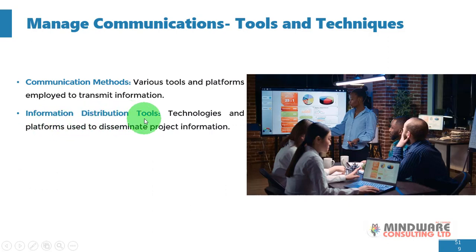Information distribution tools. These are technologies and platforms used to disseminate project information. So for your project organization, you're going to have such tools. You have to find out which one is being used, and then be able to adopt that particular one.